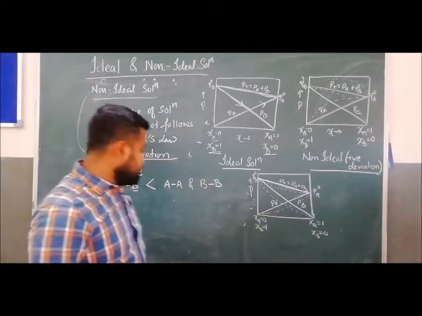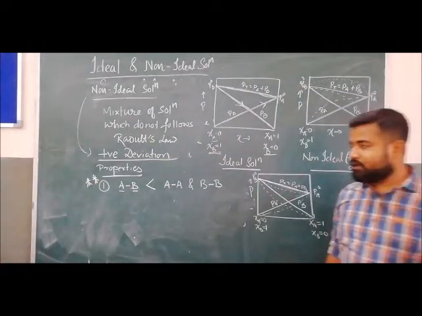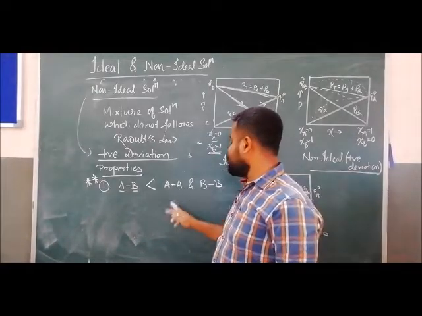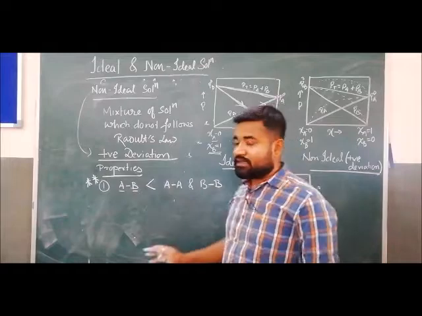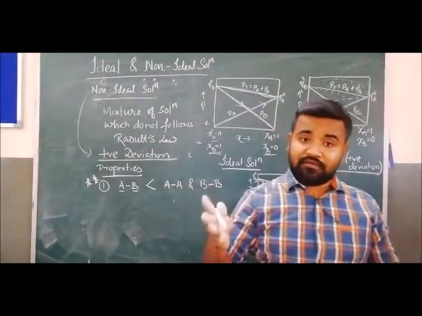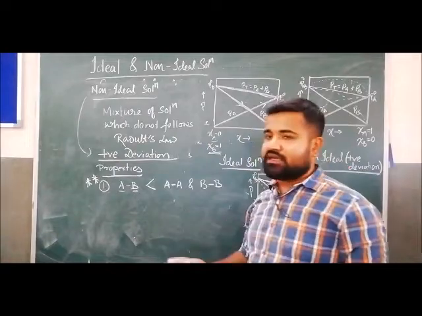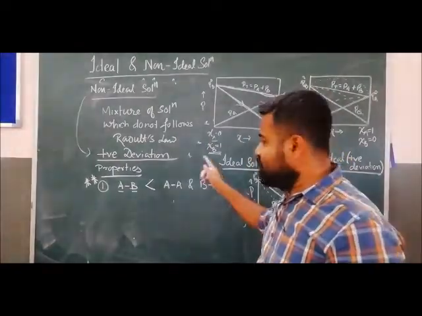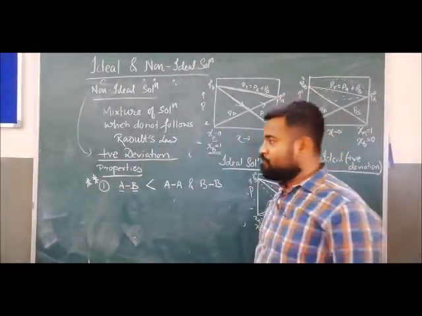AB interaction is less than AA and BB interaction, means the solute solvent interaction is less than solute solute and solvent solvent interaction. What it signifies is that whenever the solution is prepared, whatever interaction is there in solute solute and solvent solvent will be suppressed by the solute solvent interaction.